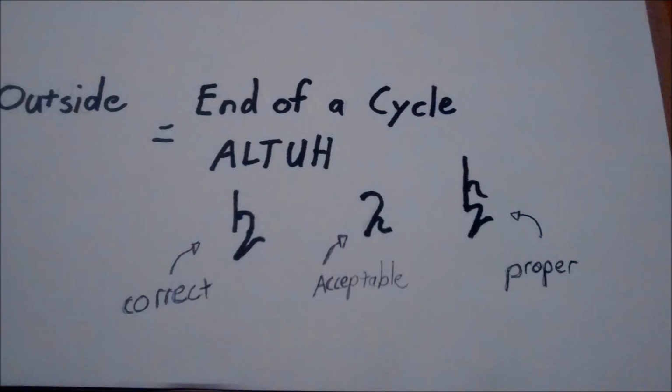You could also do this, which is acceptable, but not necessarily correct. But then you have a proper way, which just puts one after the other, which is still alt. There's no marks to separate that, or there's no reason to have any. But that would be proper.